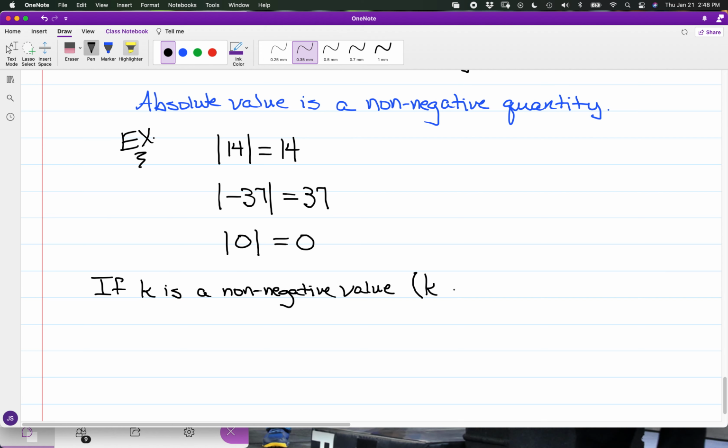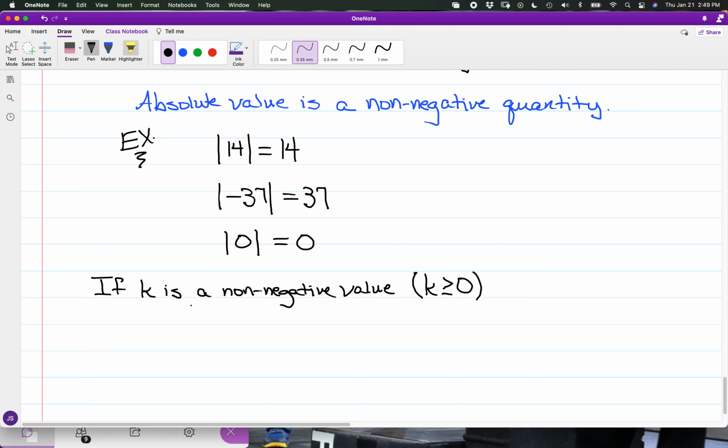That is, k could be equal to 0, or it could be a positive number, whether it's a positive fraction, like positive 4/5, or a whole number, like positive 3, or an irrational number, like, say, pi.